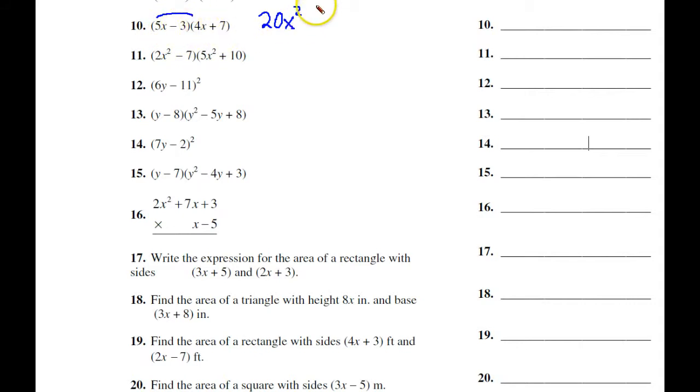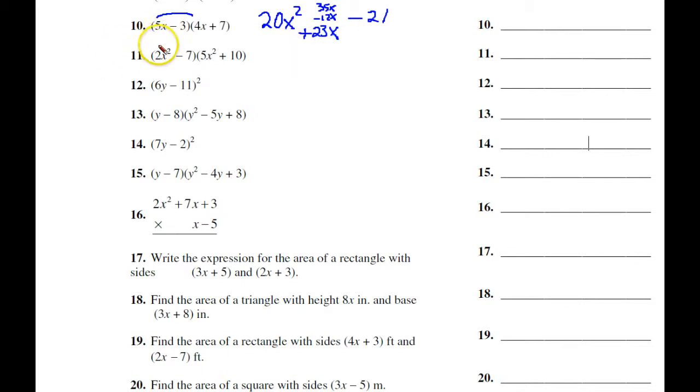My inners are a negative 12x. So my middle term will be a positive 23x. I did this mentally, but I'm writing it out for you. And then my last is a negative 21. And just check that. Yep.